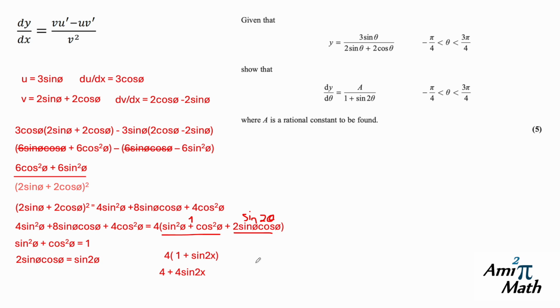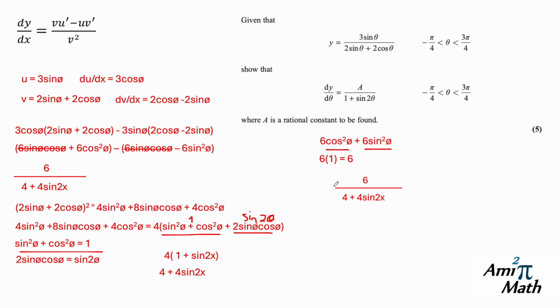And then this can change into 4 plus 4 sine 2 theta to make it neater, and also to fit this form. And then this still doesn't fit our value of a, so we can factorise the 6 out. As we know, cos squared theta plus sine squared theta is 1 from earlier, so 6 times 1 is 6, and then from here we can take this out and make it a 6.